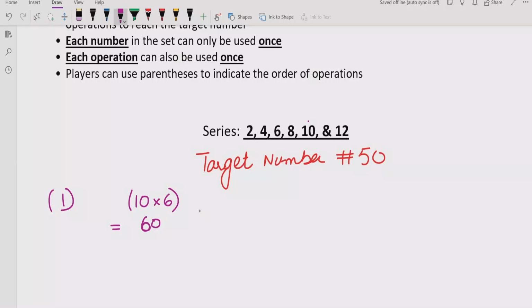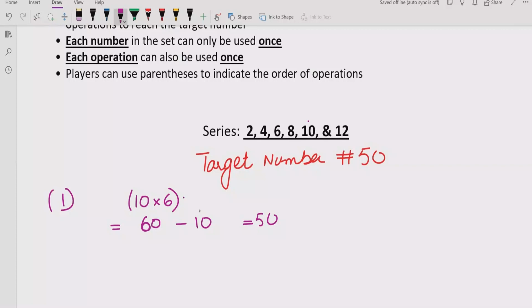Now we cannot use 10 and 6 again, and we cannot use the multiplication sign again. Now we need some number that is subtracted from 60 to get 50.